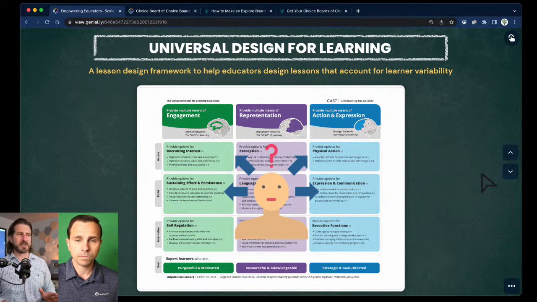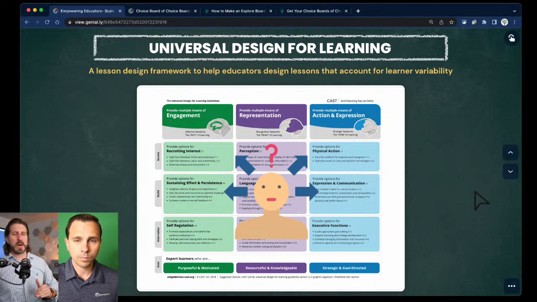And CAST is actually very explicit about not wanting to tell people where they should start because it's intended to be a menu board. But that sort of wide open choice, I think, can be a little bit intimidating and can also potentially act as a barrier to implementation. Like, what do I do with this particular information?